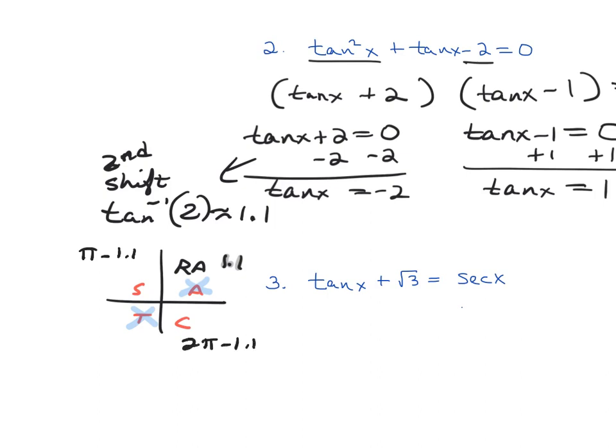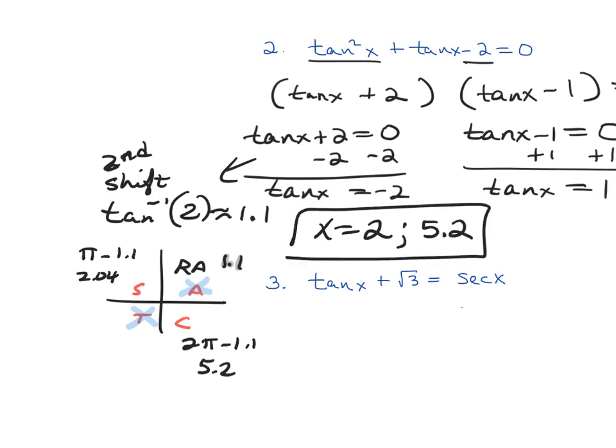This is going to give me 2.04, so I'm just going to round it to 2. And then this one is going to give me 5.2. So in radians, it's 2 and 5.2.